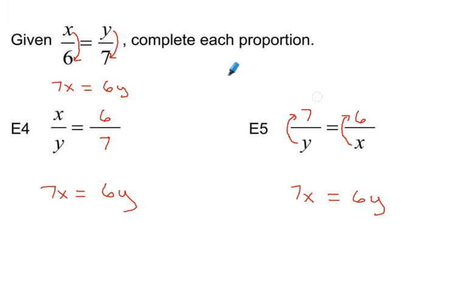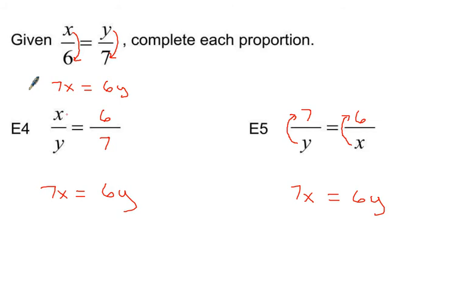So for this next one, you're going to be completing each one of these proportions. So you're trying to make a connection between these numbers. This x is connected to this 6. This y is connected to this 7. If we cross multiply this, we would get 7x equals 6y. So you've got this new proportion down here where the x is over the y, and you're just trying to make that connection.